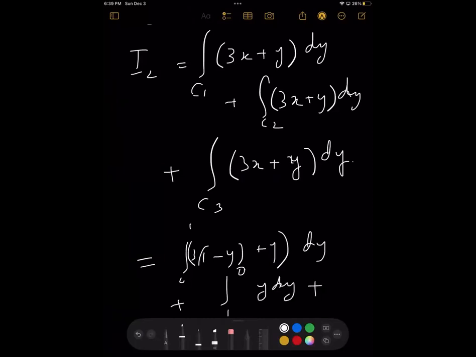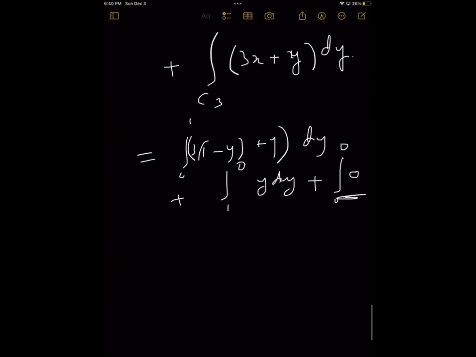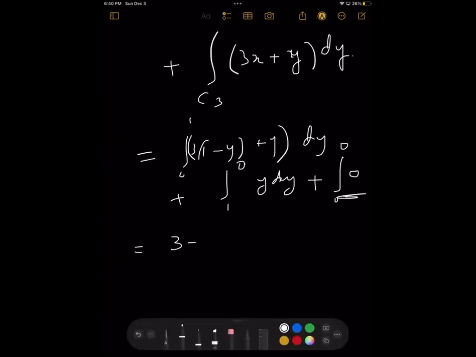And the third term, dz, is going from 0 to 0. Yes, y is 0 in the third, so it is 0. So this term became 0, and we have 3 minus 3y plus y, 2y, dy, 0 to 1, plus y squared by 2, 1 to 0.